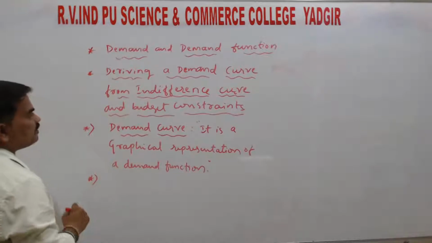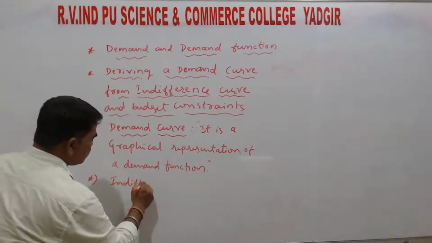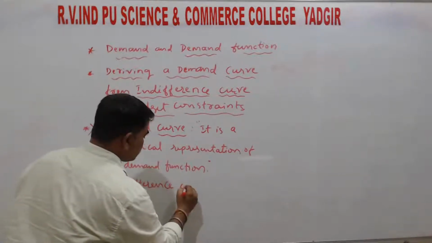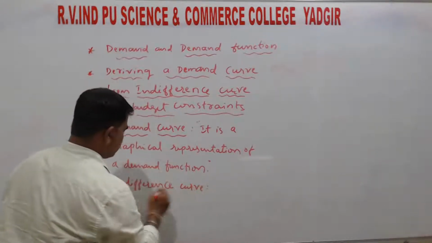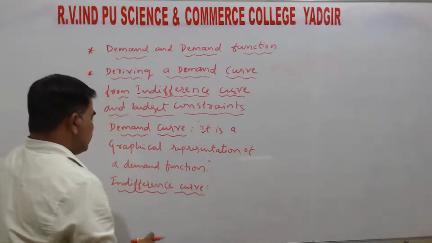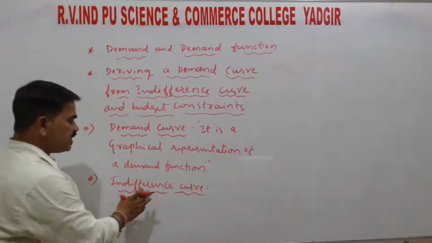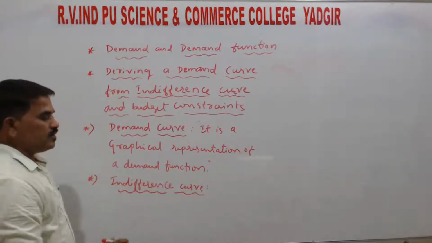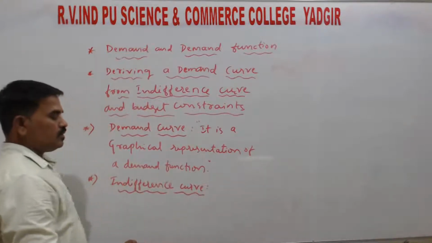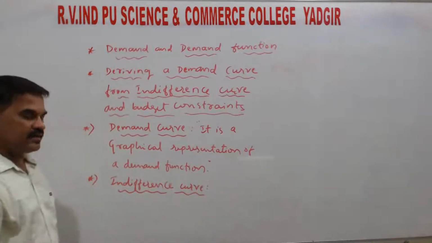And indifference curve is, here indifference means the consumer's utility is indifferent. So what are the bundles, set of bundles he has, on all those bundles his utility remains same.